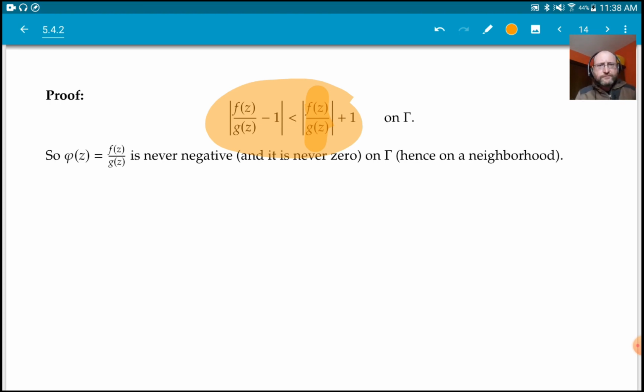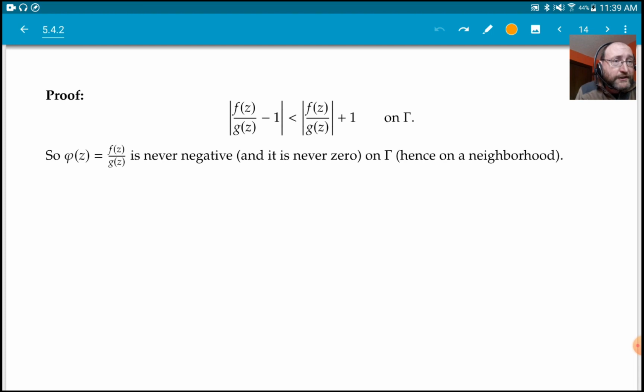So we have just some number, and you can convince yourselves that if the distance of that number from 1 is strictly less than 1 plus the modulus of that number, then you cannot be negative, right? That number cannot be negative, right? It can be anything else in the complex plane, but it cannot be negative.